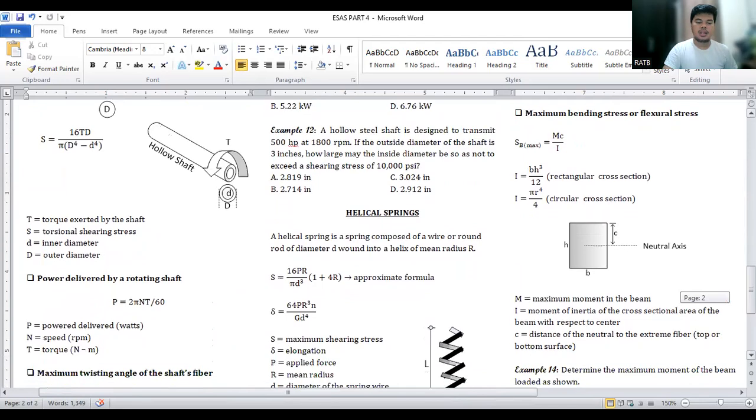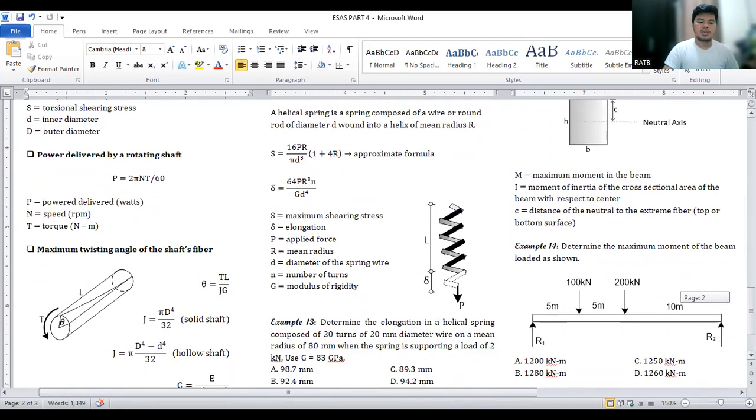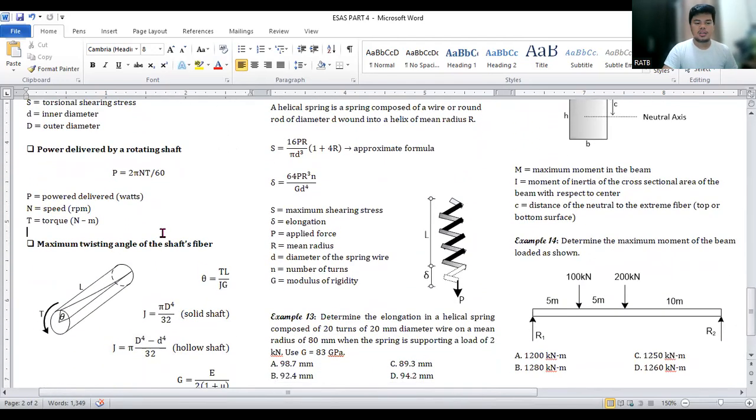So next is the twisting angle of the shaft fiber. If a body is being twisted, there is a possibility that the body will be deformed. It will be twisted by a particular angle.